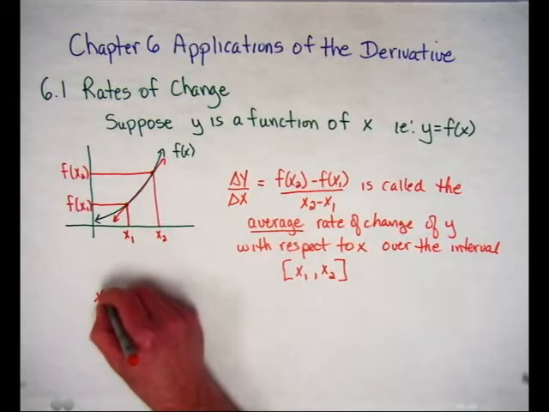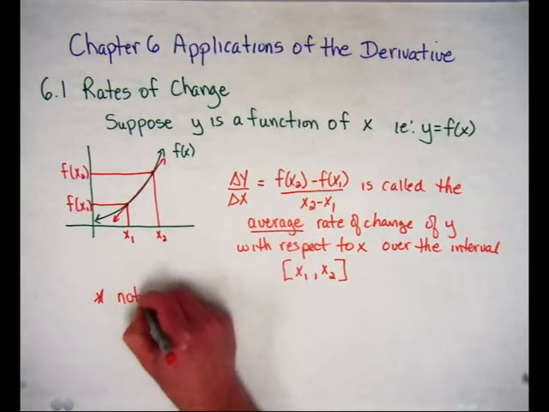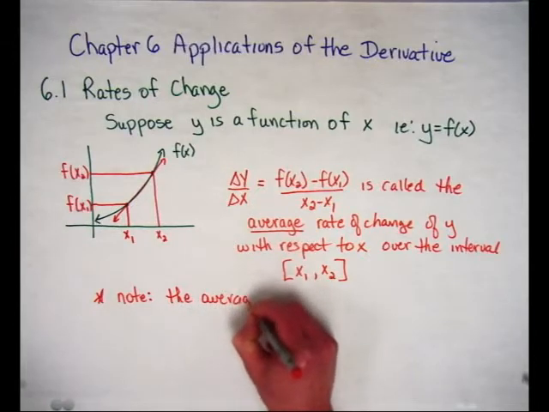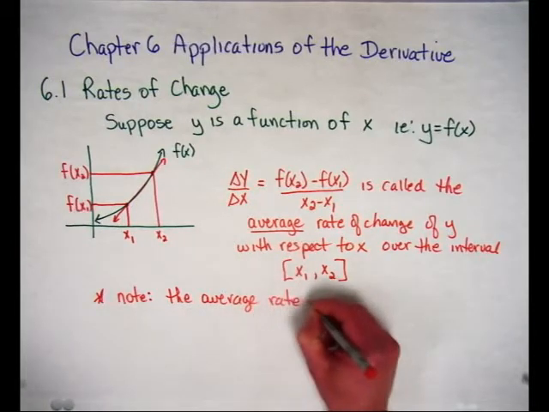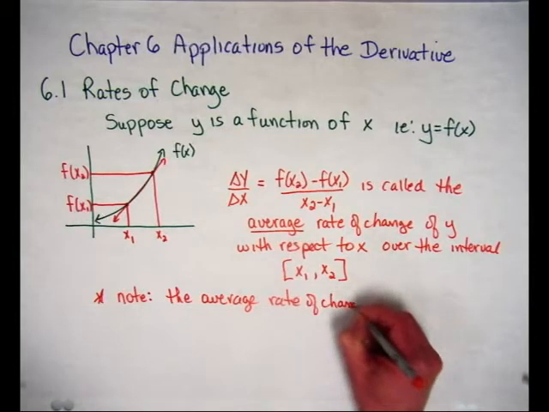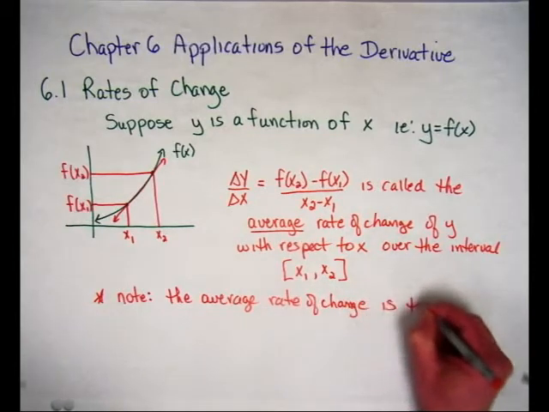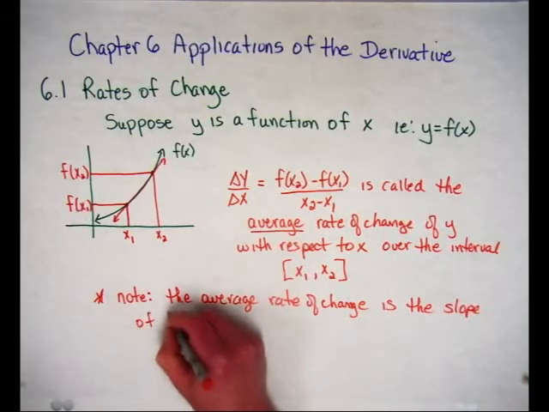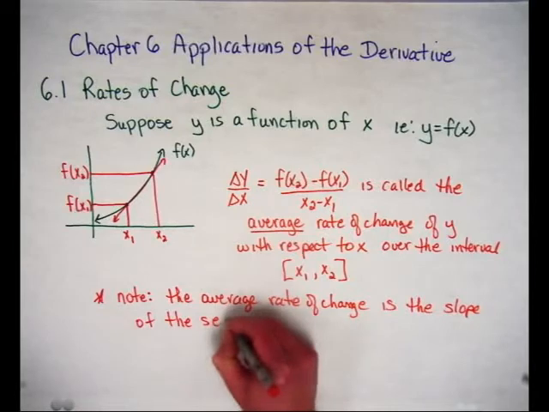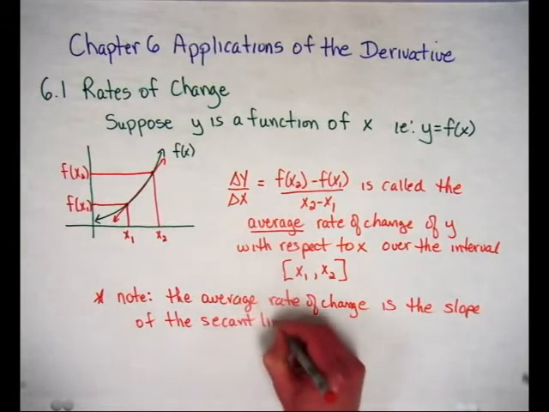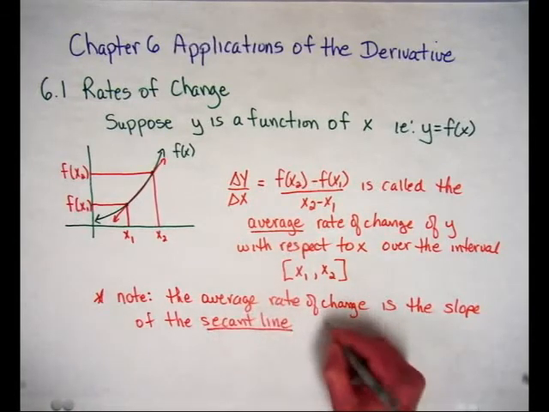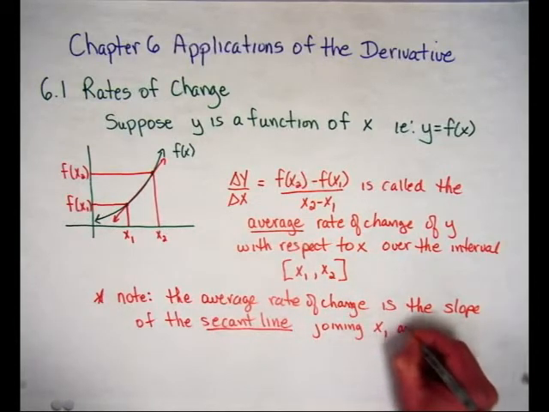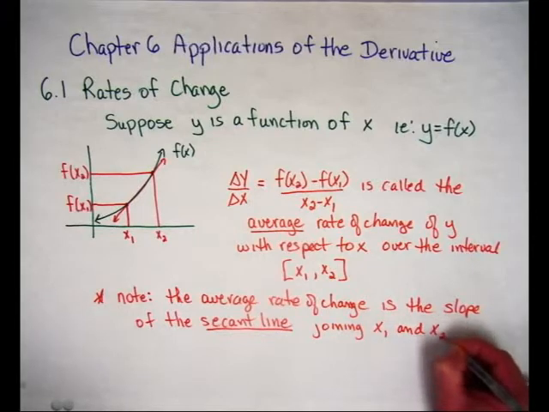So I'm going to summarize this by saying that note the average rate of change is the slope of the secant line joining x1 and x2.